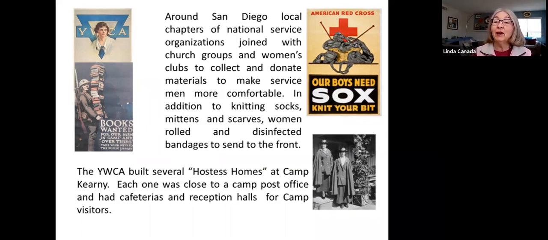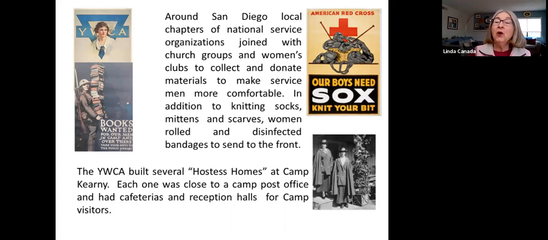But the part that I love about trying to envision these women in their high hairdos and their ribbons and their jewels and their formal gowns is they also brought their knitting bags, and they were knitting socks and scarves during the Charity Ball. So knitting, rolling bandages was another thing that women got together to do.